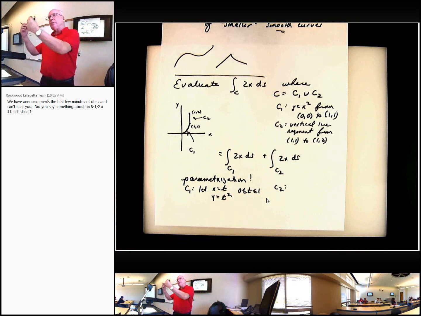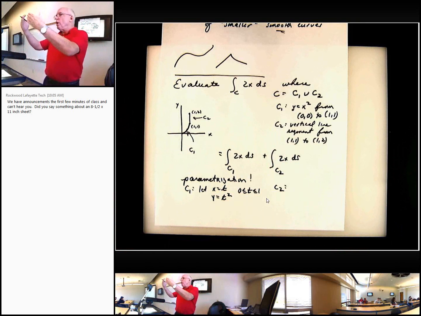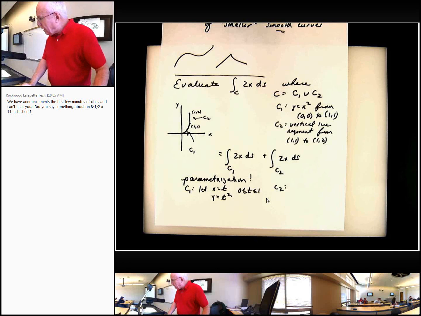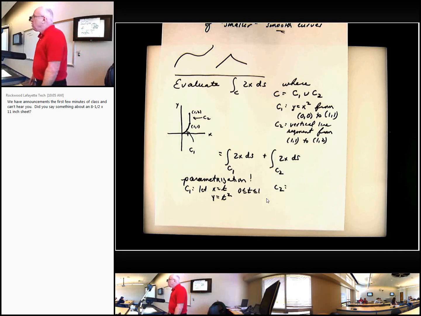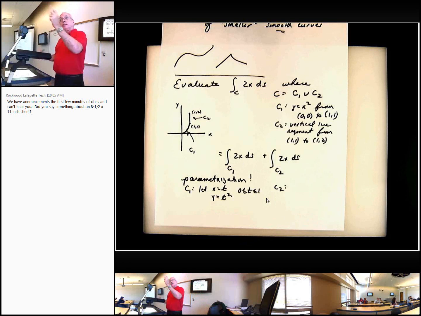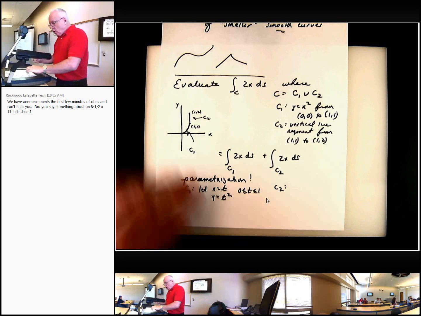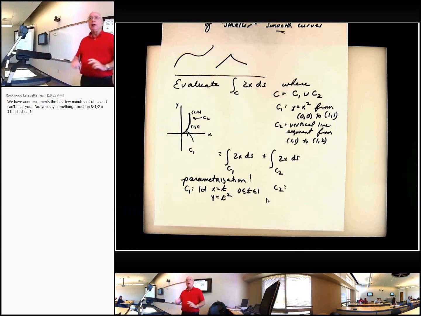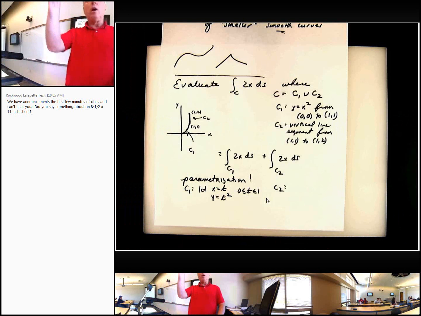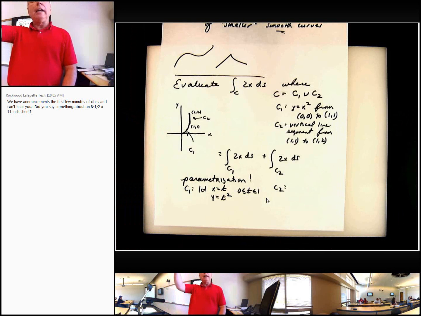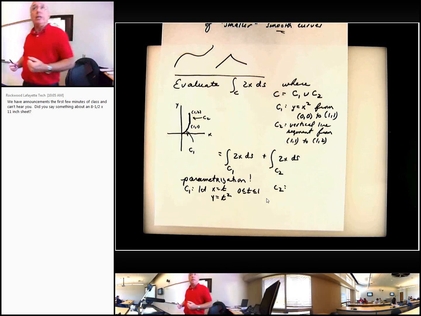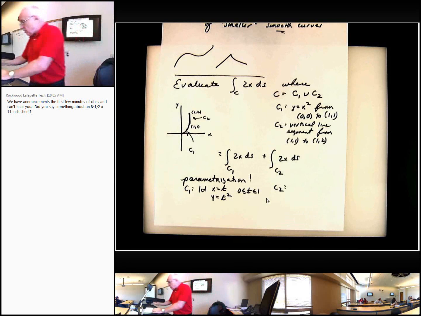Something like x equals something, y equals something. For starters, it would just be x equals 1. But remember, along this vertical line, x only has one value. It's a vertical line. x only equals 1. So that's a valid parameterization. We can just say x equals 1.